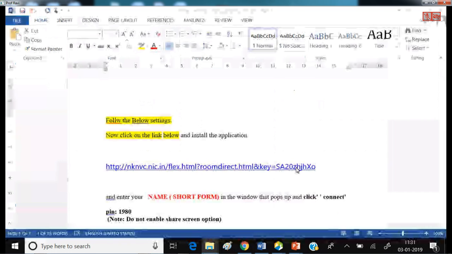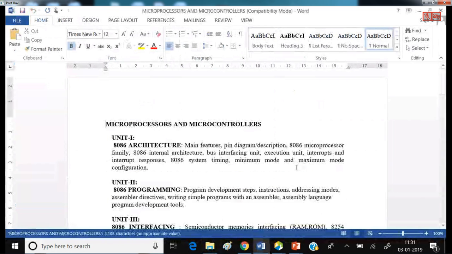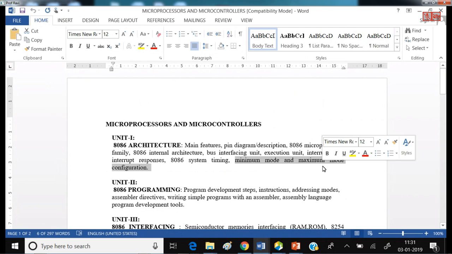So here we are trying to discuss the 8086 architecture, which we have seen, and now we have seen the minimum mode and maximum mode of operation of 8086. So the hardware connections and the timing diagrams are very important, how they are in minimum mode and how they are in maximum mode of operation.